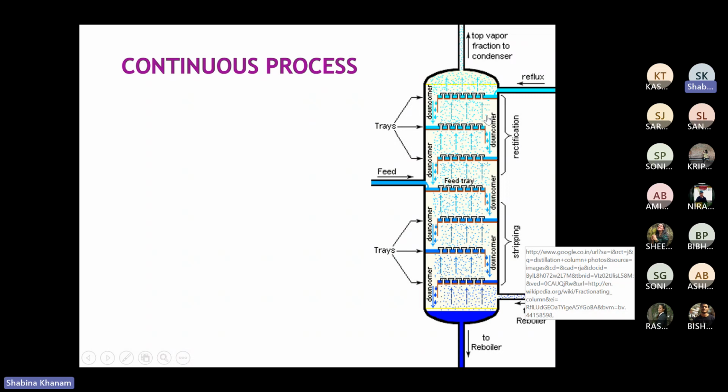When liquid is available over there, there is a possibility it moves down through these holes, but if liquid moves down through them, it will stop the movement of vapor through these holes. I hope you are getting my point. Only one thing can occur: either liquid will move or vapor will move through the hole, so we do not allow liquid to move down.